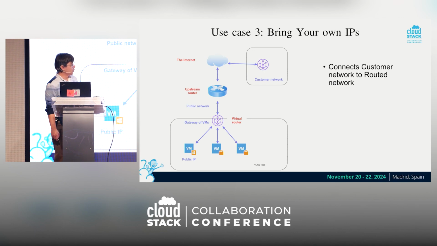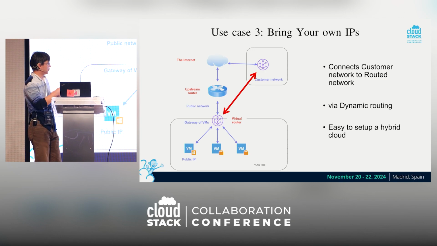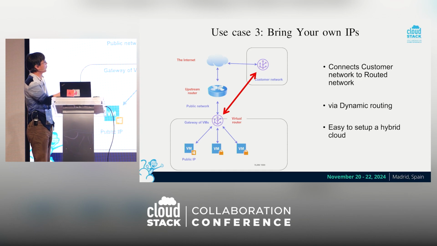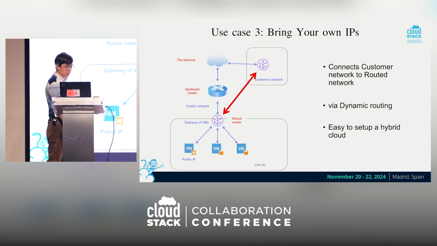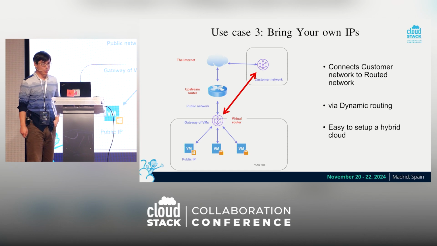Now we have a new option: we can use dynamic BGP to create a BGP connection between the routers, and the VMs can just use your office IP or internal IP, so you can bring your own IP into the cloud platform. It's easier to set up a hybrid cloud. These are three use cases I can think of. I believe there are more use cases.